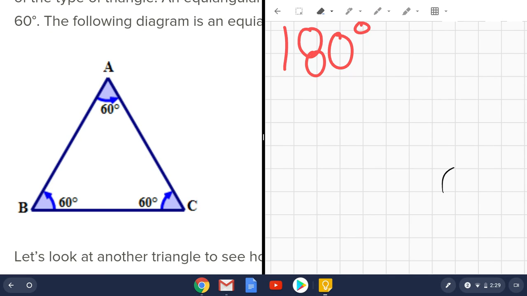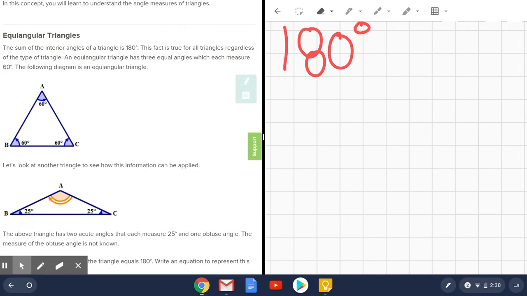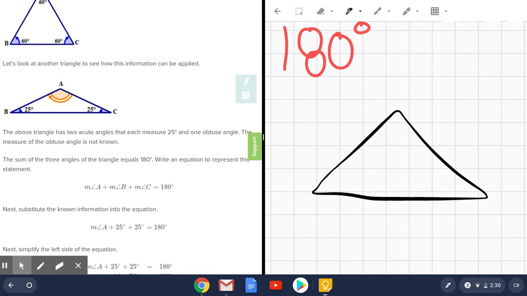So let's look at another triangle here, guys, to see how this can be applied. We have triangle A, B, and C. We're trying to figure out A. B and C, they're saying this is an isosceles triangle here. B and C both equal 25 degrees.